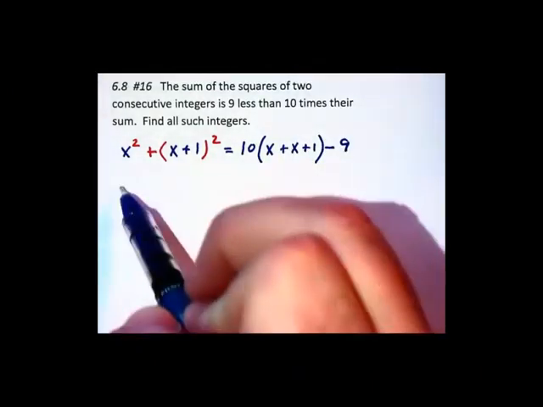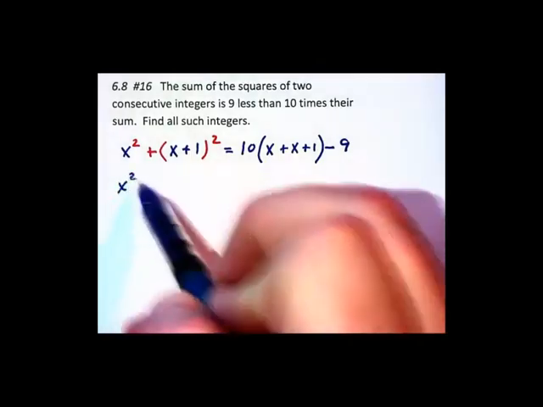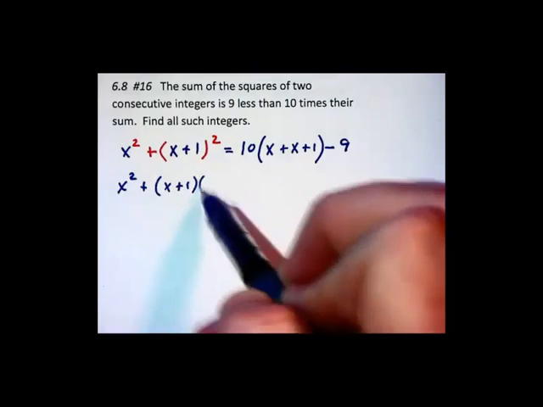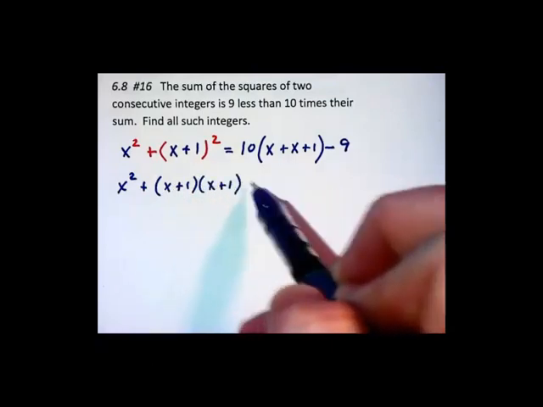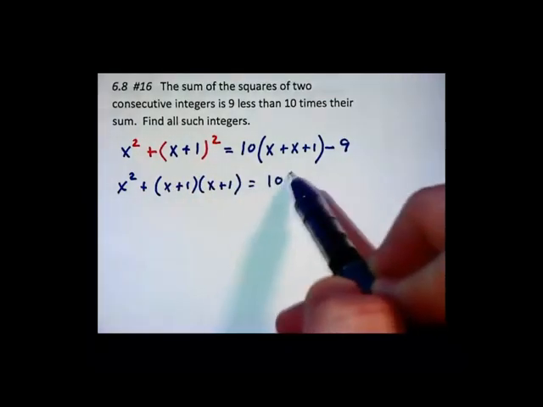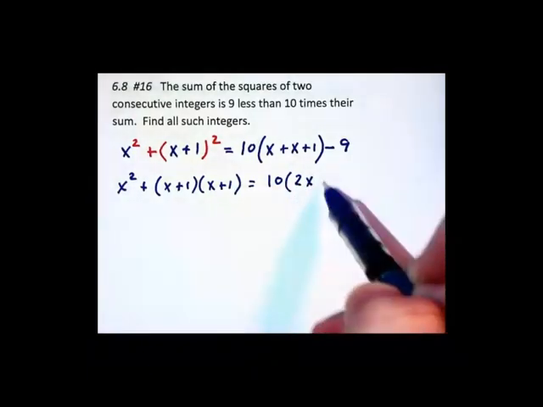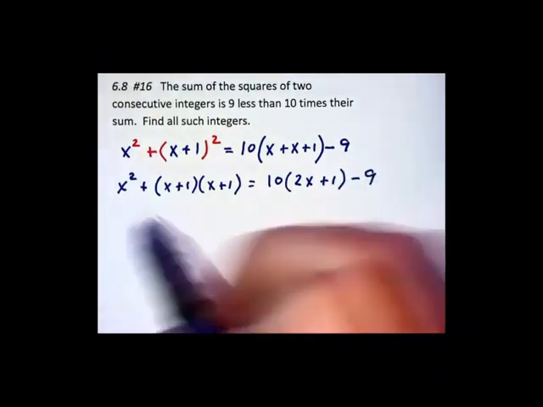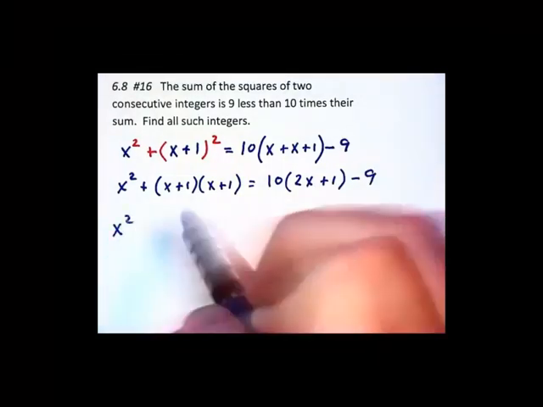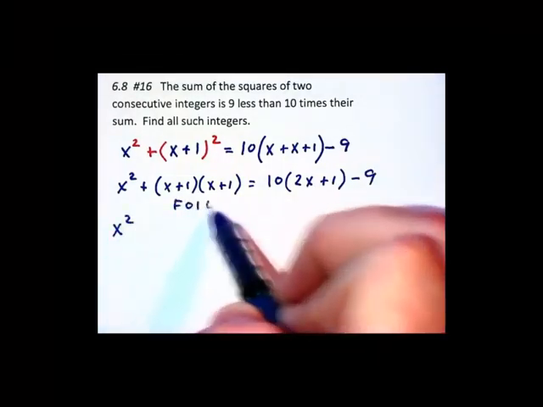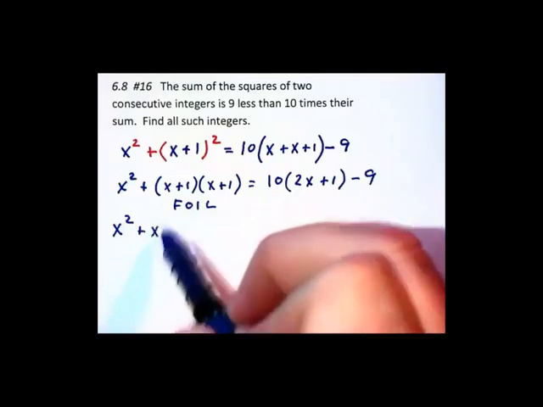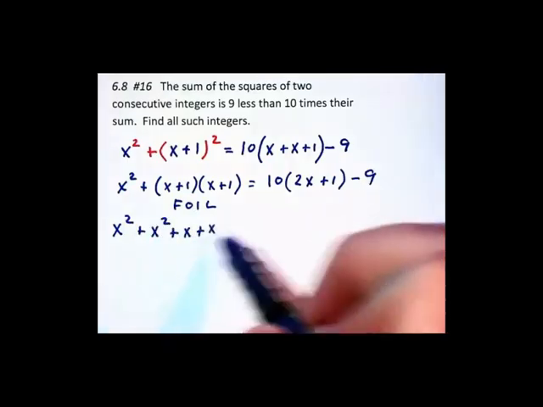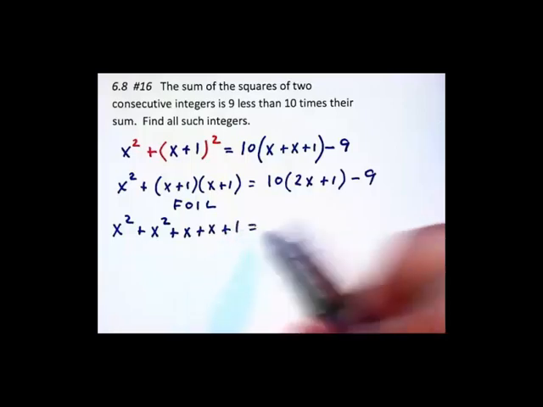Wow. Okay, on the left we've got x squared plus, and this becomes a FOIL problem, x plus 1 times itself. On the right, inside the parentheses, I'm going to combine like terms to write that as 2x plus 1. On the left, I'm going to do some foiling here. The first term will be x squared, outer will be x, inner will be x, and last will be plus 1.